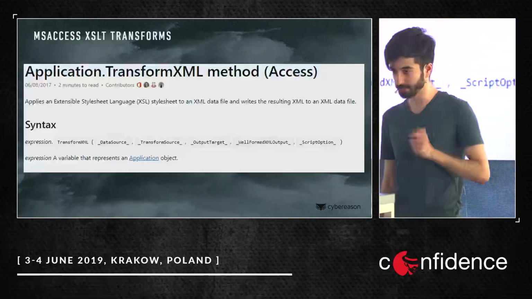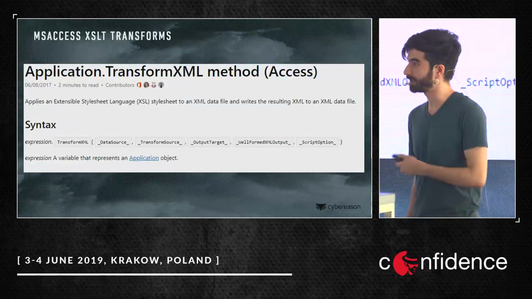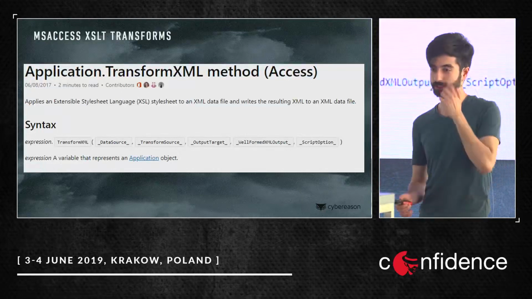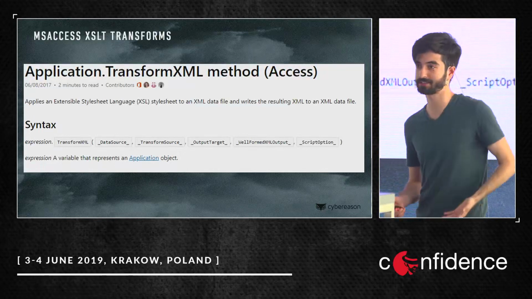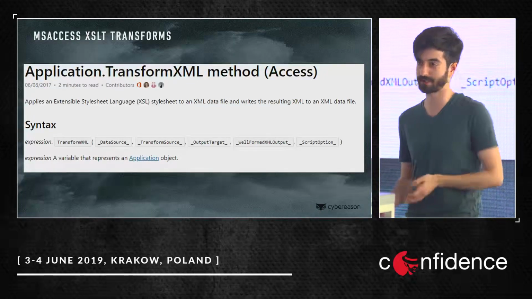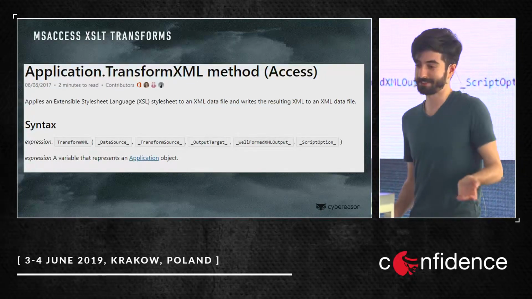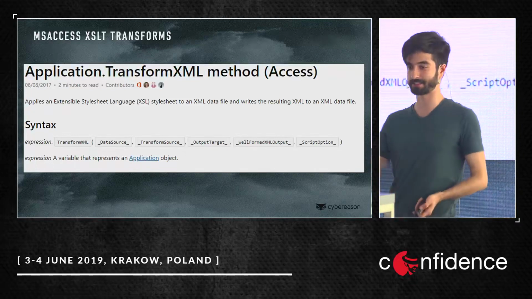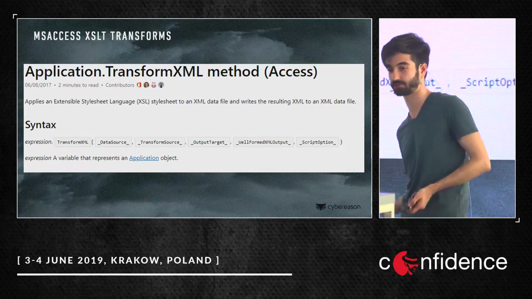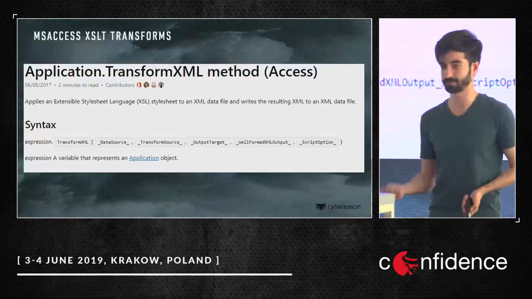Awesome. So one way to do this is by using the ApplyTransform XML method of Microsoft Access. Yes, there's a lot of Office in this talk. What it does, as you may guess, is just take an XML file, take an XSL transform, and apply the transform to the XML.